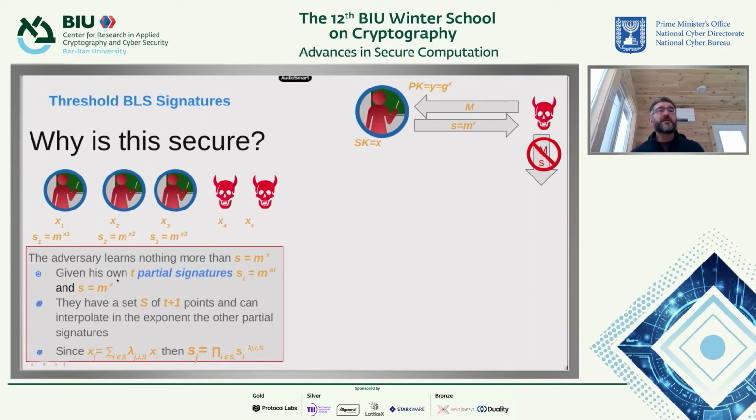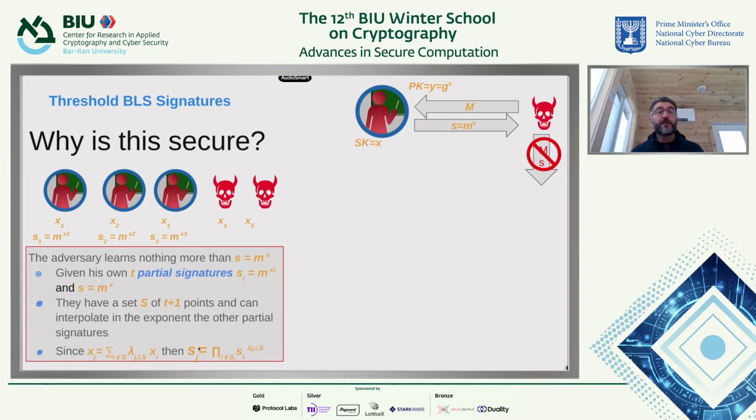Why? Because given his own partial signatures, given that he knows already M to the X4 and M to the X5, and given the signature S, the adversary has already a set S of T+1 points. And the set S of T+1 points would allow him to interpolate in the exponent the other partial signatures using the Lagrangian linear combination for the other shares, not for the other secret, right?